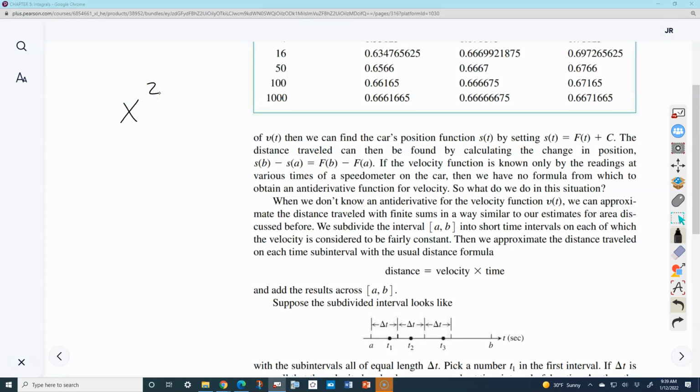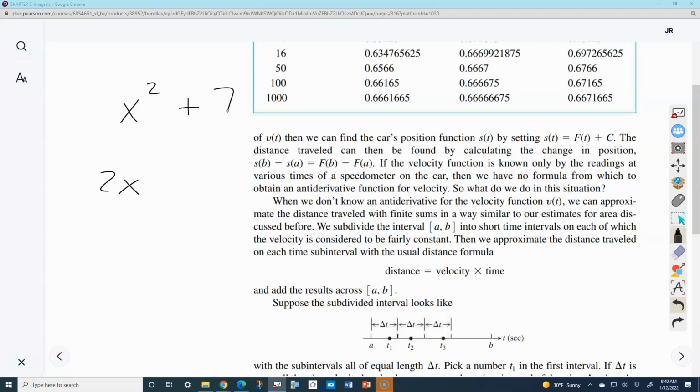What's the derivative of x squared? 2x. Okay. So what's the antiderivative of 2x? X squared. What's the derivative of x squared plus 7? Close. What's the derivative of the x squared? 2x.